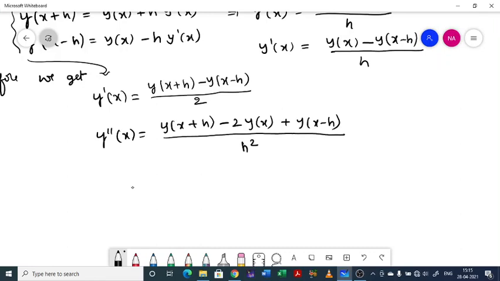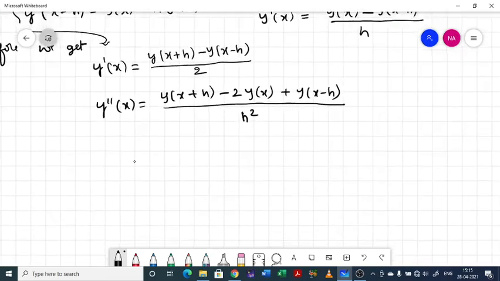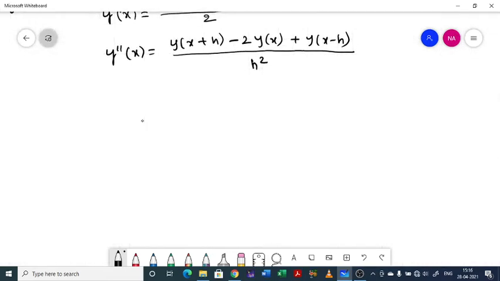Similarly, we may continue the process of approximation, and this is approximation of derivatives, ordinary derivatives.